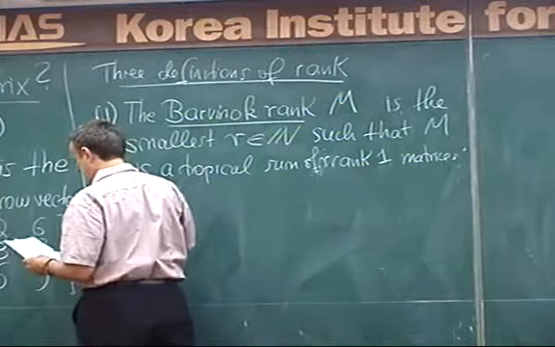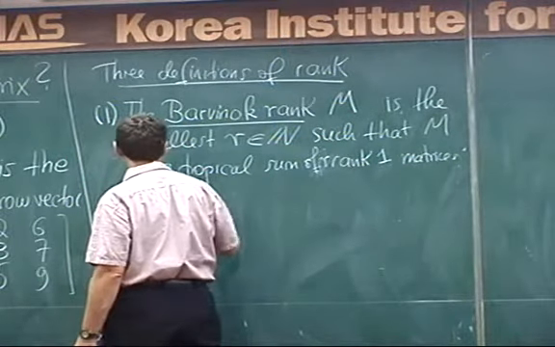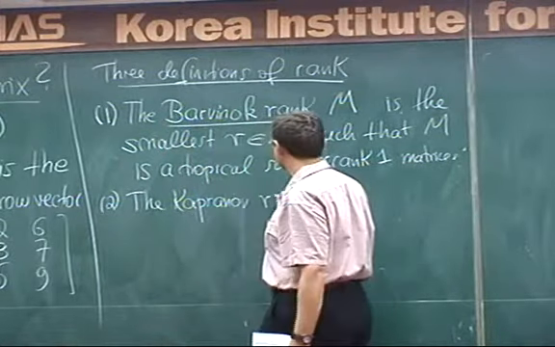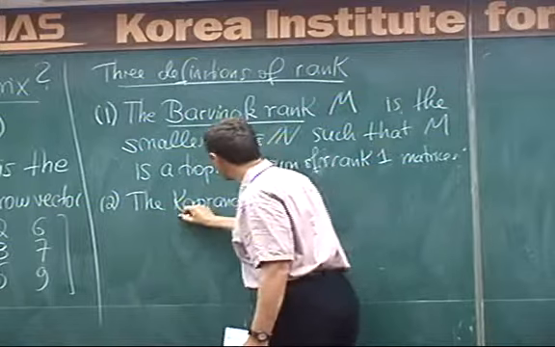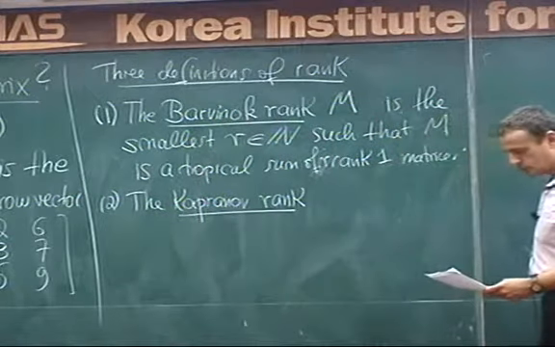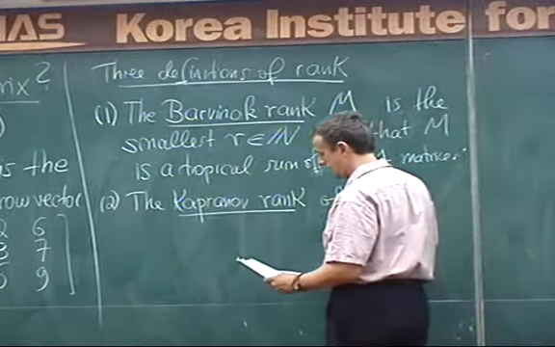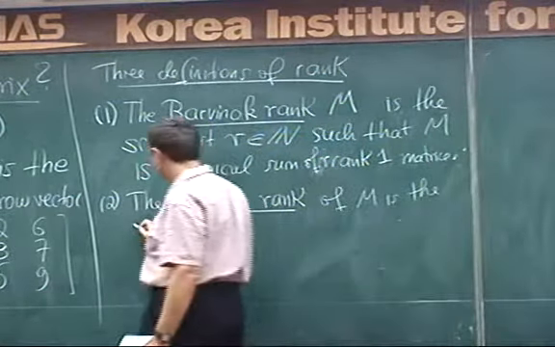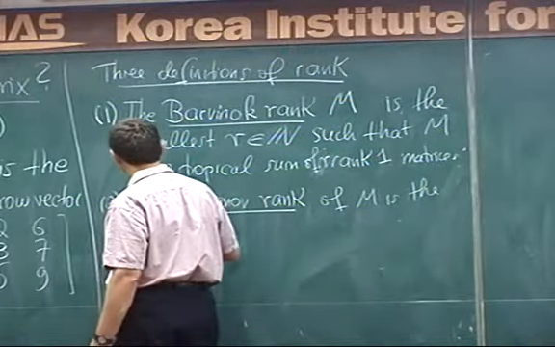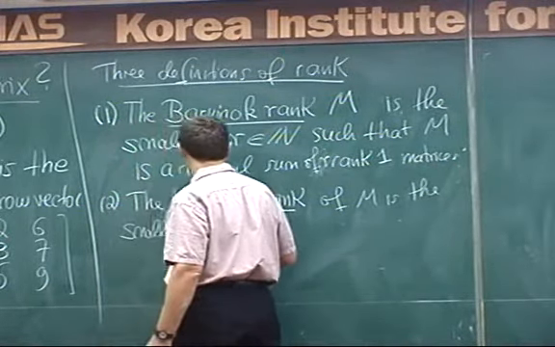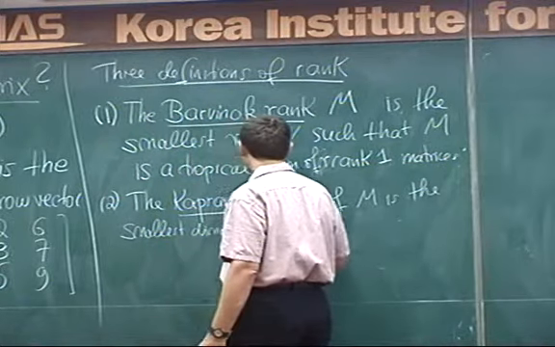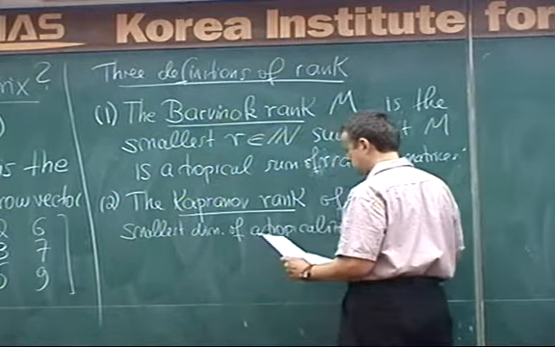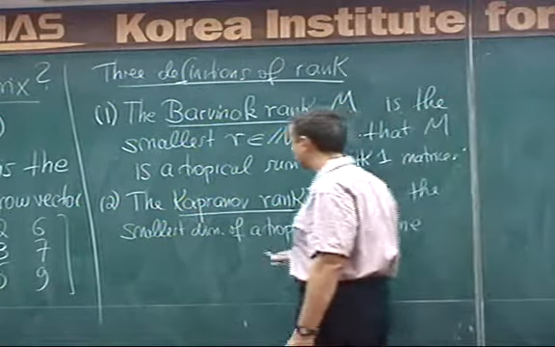2 is the Kapranov rank. So yesterday we talked about dead German mathematicians. So today we're going to talk about alive Russian mathematicians. Tomorrow too. So the Kapranov rank of M is the smallest dimension of a tropicalized plane containing the columns.